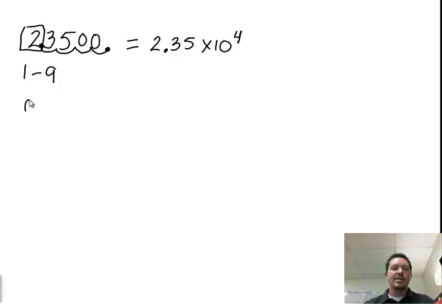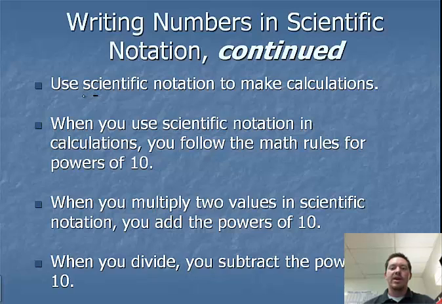Alright, let's look at a really small number now. Let's say I've got 0.00235. Again, I can only have a number between 1 and 9 in front. Notice my number is really small. It's smaller than 1 because there's not a value here. So again, I'm going to do the same thing. I'm going to move my decimal over until I've got the first number as a value between 1 and 9.